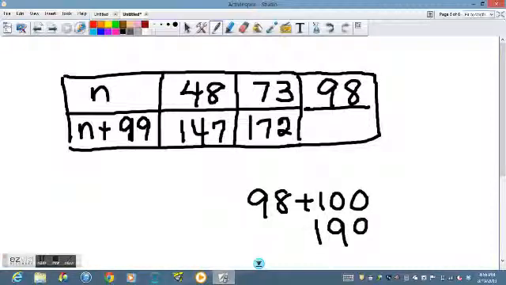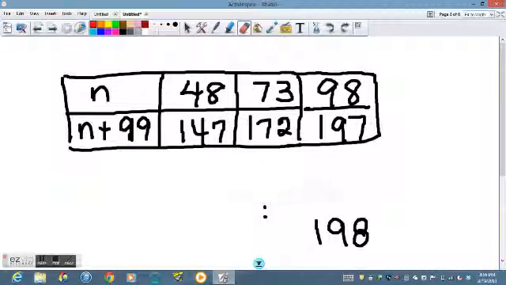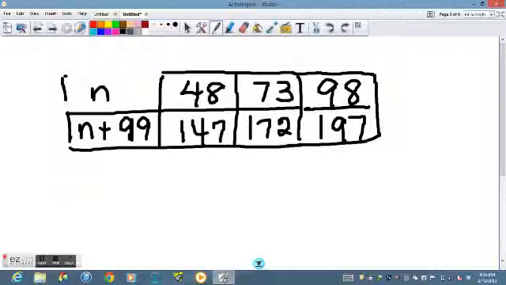Well, that's 198. So 98 plus 99 must be 197. Alright? So, you'll have a few of those to do for homework using a rule that's given in the first column.